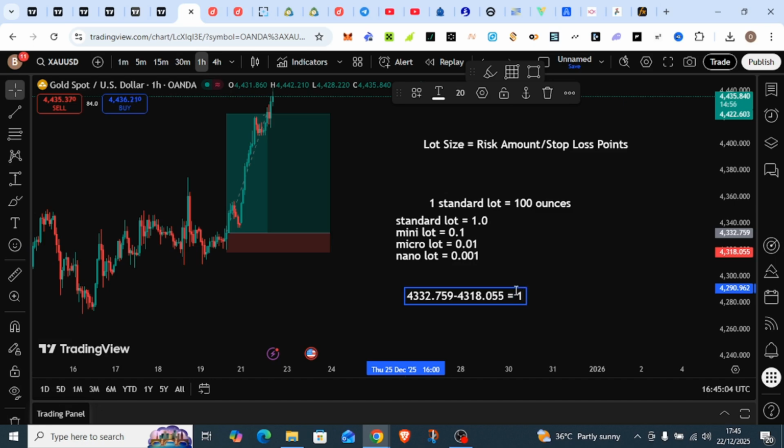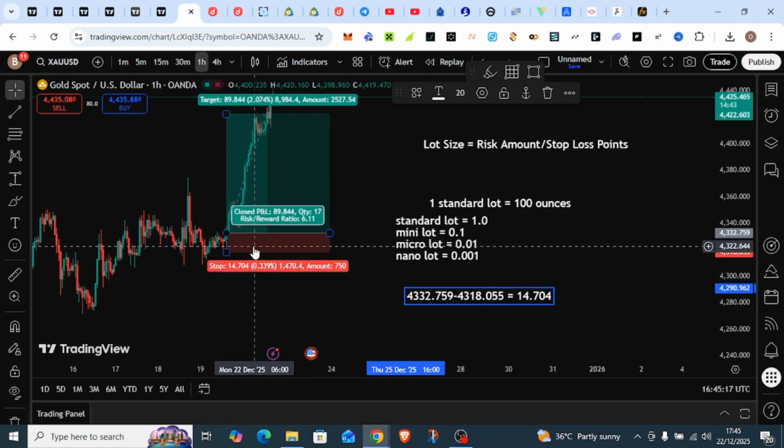This is equal to 14.704. That's how this top point is gotten. Here 0.339% is the percentage change in price from entry to stop loss. Then here are the points, the total points from here to here.